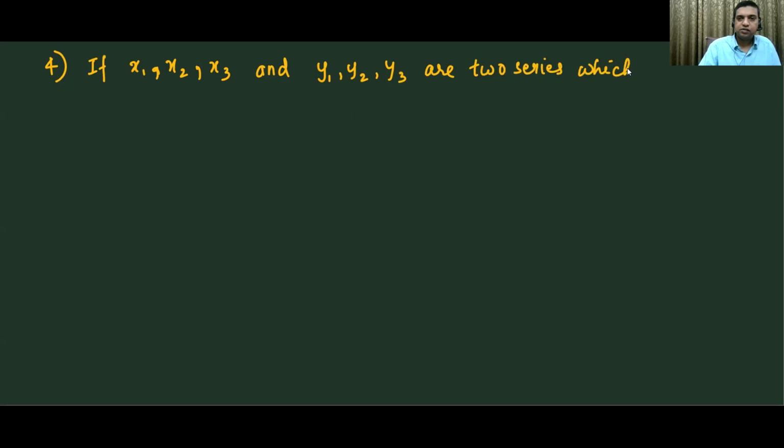Now, if x1, x2, x3 and y1, y2, y3 are two series which are in geometric progression, so then y square and x square will be equal to x1 into x3 and y1 into y3.